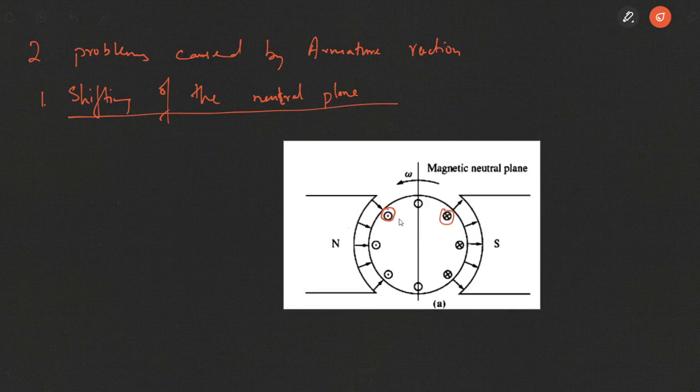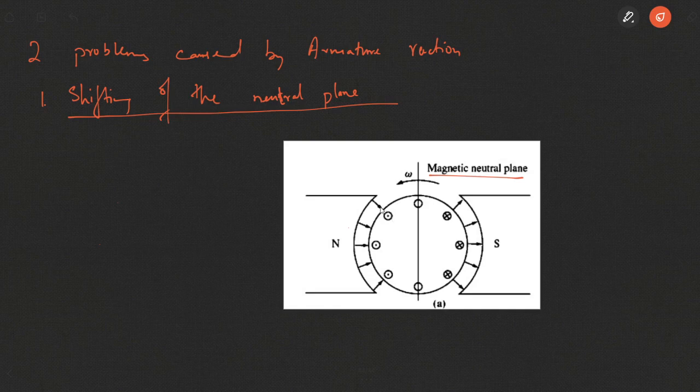Note that the magnetic neutral plane refers to the plane that is parallel to the velocity of the rotor wires, where the magnetic field is parallel to the plane. Around this plane of axis the induced EMF is 0. So this is referred to as the magnetic neutral plane.